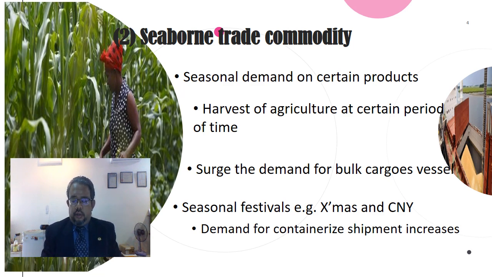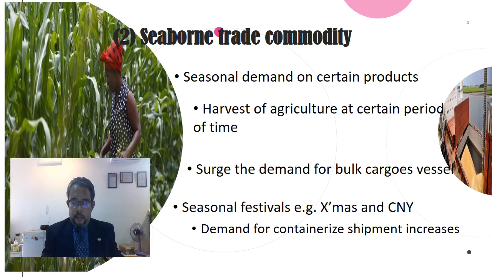Short-term volatility of seasonal products affects the demand of maritime transport. For example, many agriculture products are subject to seasonal activities.